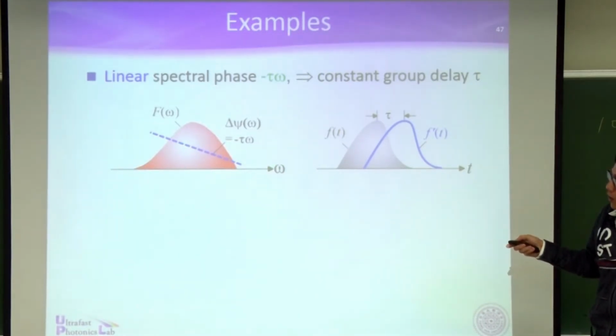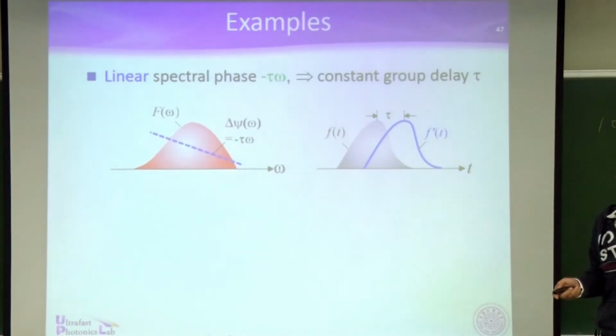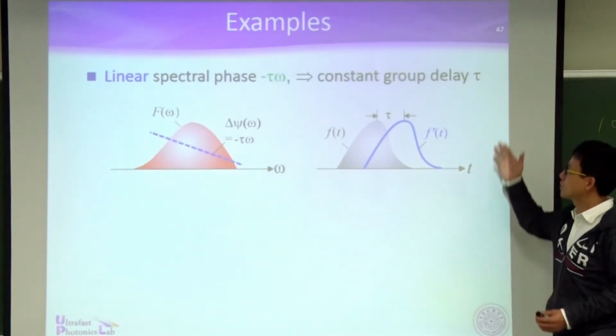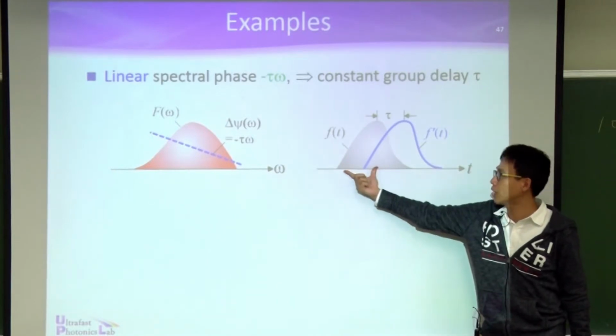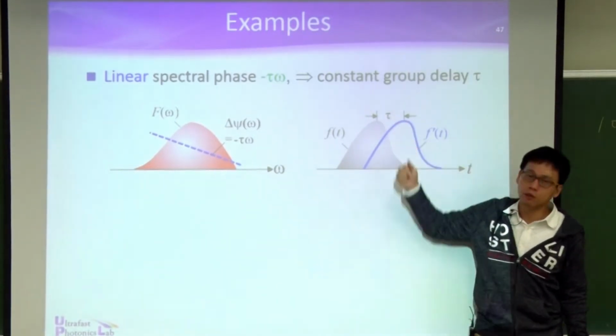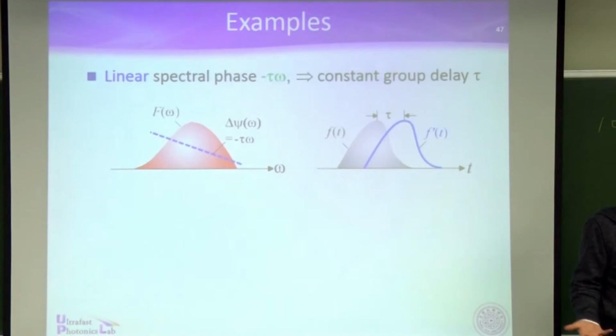This is a phase function, and with a minus sign, that means negative slope. What is the corresponding waveform in the time domain? Just first order derivative, so you got a shift by a constant amount of tau. That's it. Okay.